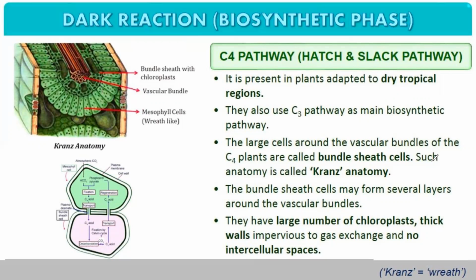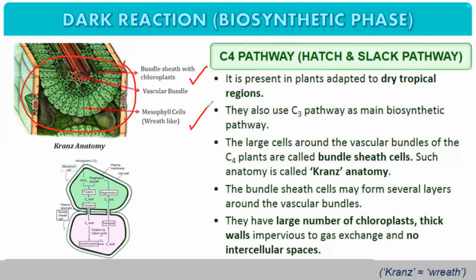Such anatomy is known as Kranz anatomy. In this anatomy, the bundle sheath cells are covered by the mesophyll cells. The bundle sheath cells may form several layers around the vascular bundles.